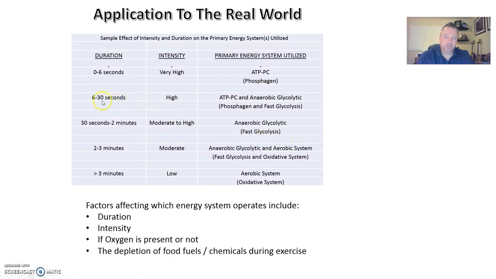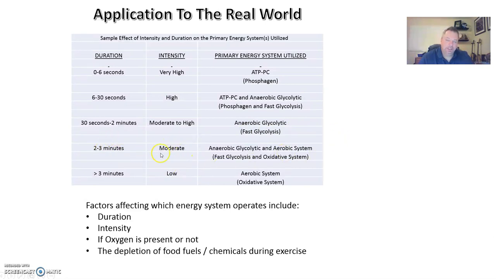As our duration increases and our intensity starts to lower a little bit, we utilize the ATP, PC, and anaerobic glycolytic system, or fast glycolysis system. As our duration increases once again from 30 seconds to 2 minutes, and our intensity goes from moderate to high, we are using the anaerobic glycolytic system, or fast glycolysis.